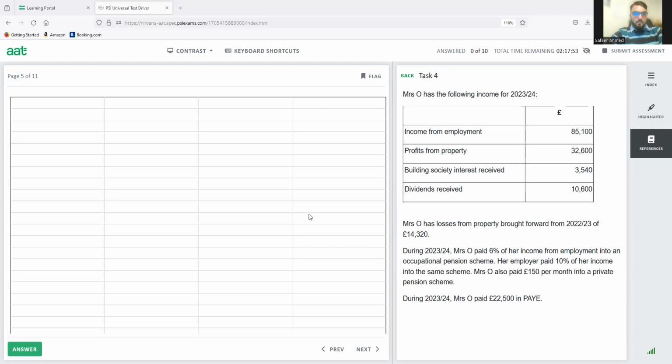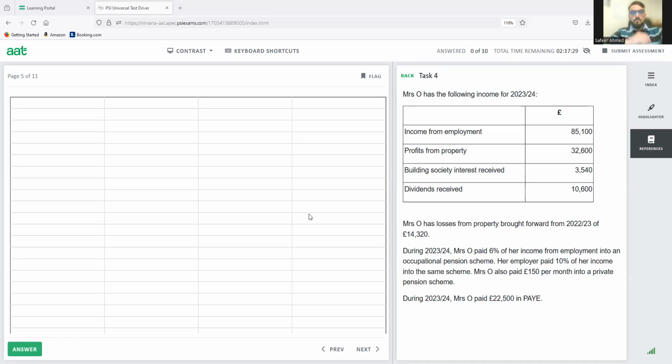I have chosen this task from AAT Level 4 Personal Tax Sample Assessment 1. And this is a good question because it covers quite a few points. So the first thing, in order to attempt this question, you need to break it down into two parts.